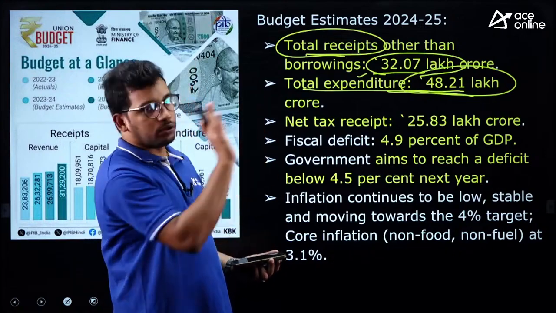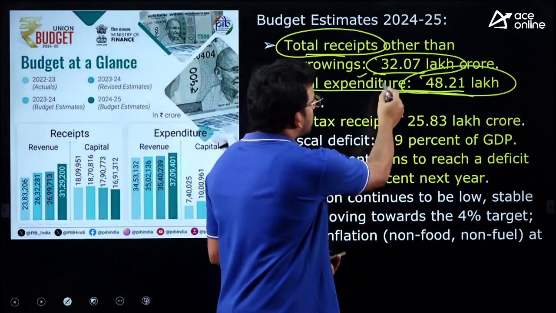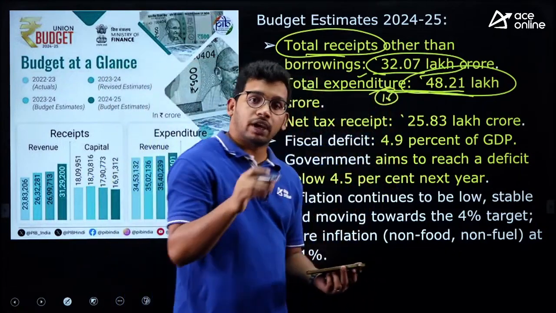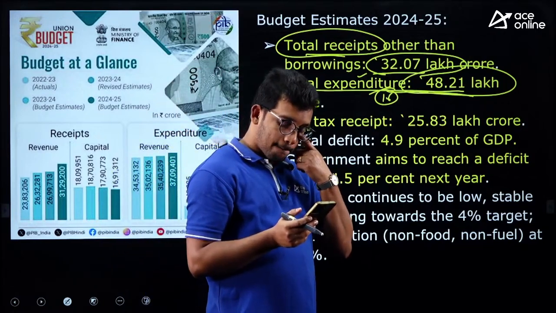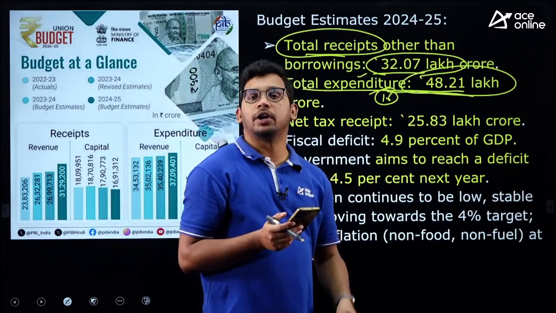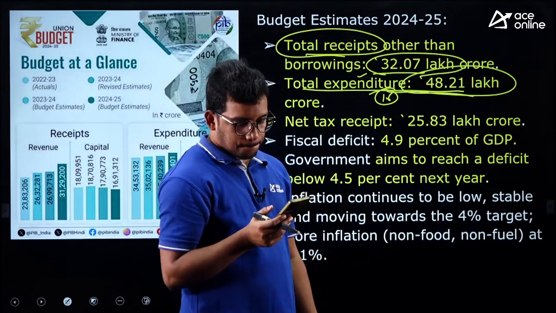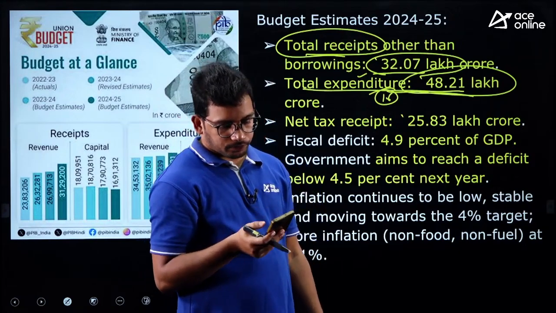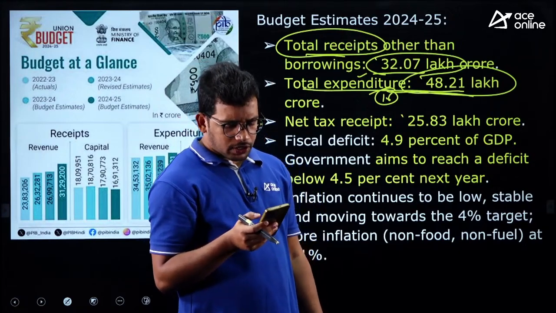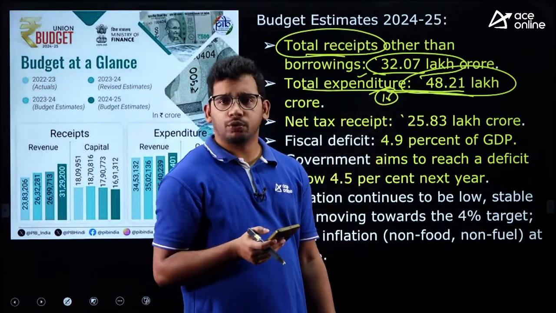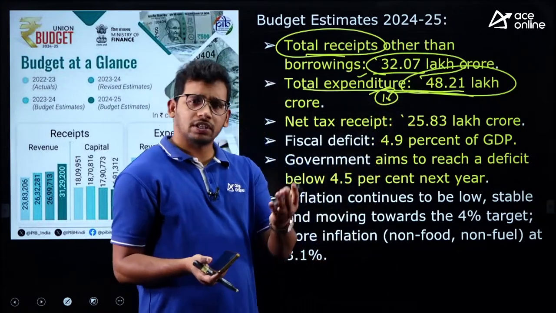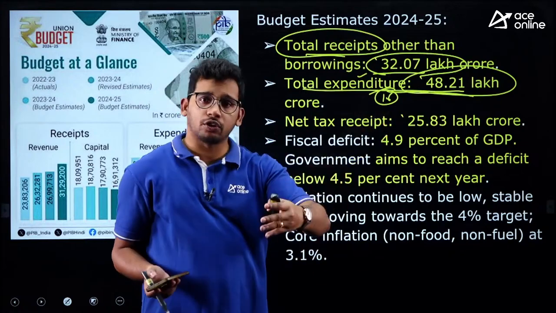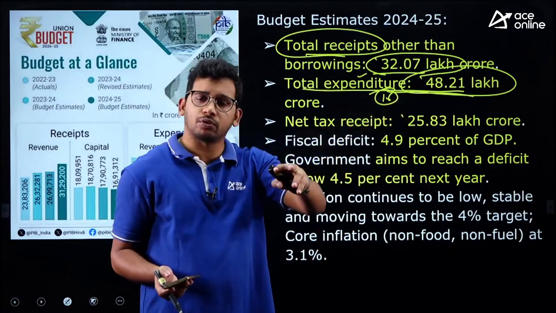Now how can we do this? The rest, how much? 16 lakh crore. How can government get it? What will government do? The total expenditure is 48.21 lakh crore, and you need to spend 1000 rupees, but you are getting from your parents only 800 per month.